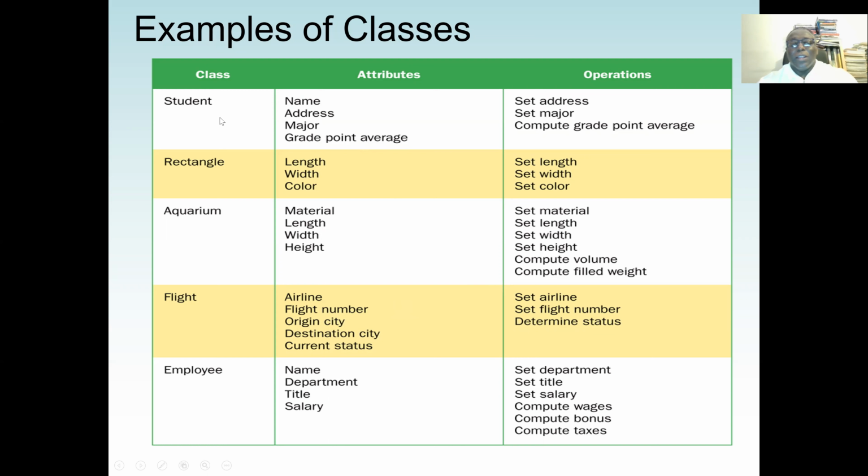From that, in the main method, I can create as many student objects as I want. And every object I create, I can use all the characteristics and also the operations of that particular class. And I think we saw an example of this in our previous lectures.